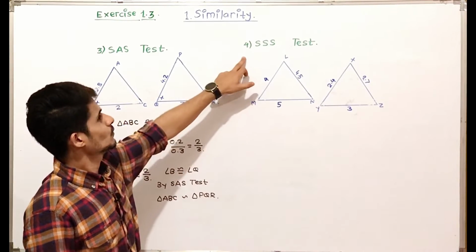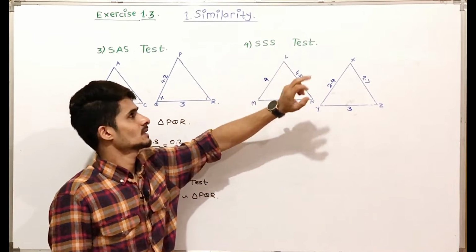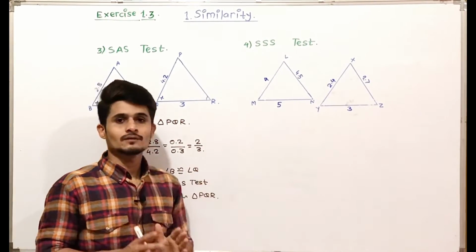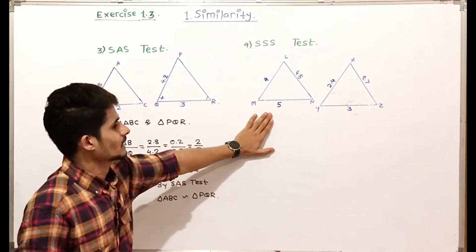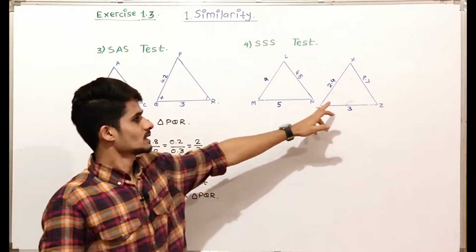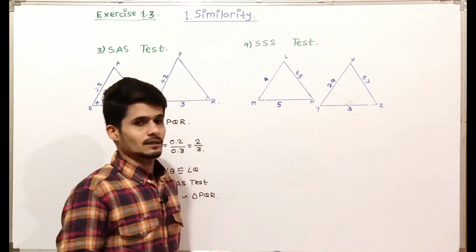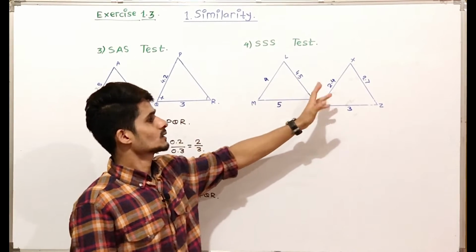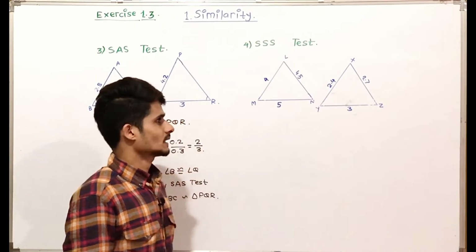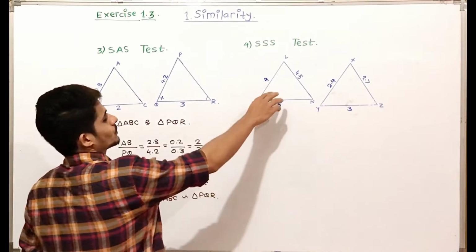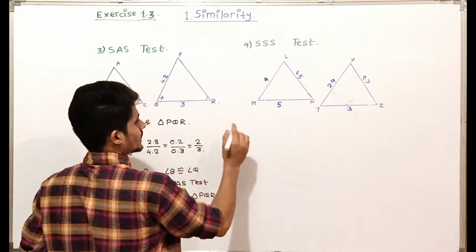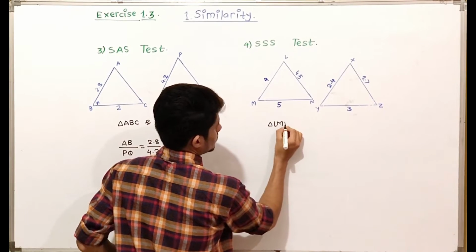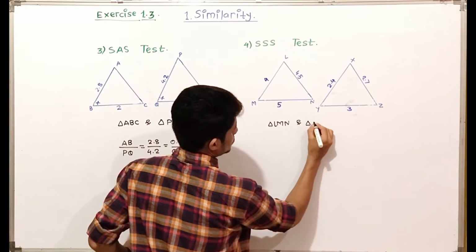Similarly, we will see the fourth one, that is the SSS test, the side side side test. In this, if three sides of one triangle are proportional to the three corresponding sides of the other triangle, then the triangles will be similar. First we have triangle LMN and triangle XYZ.